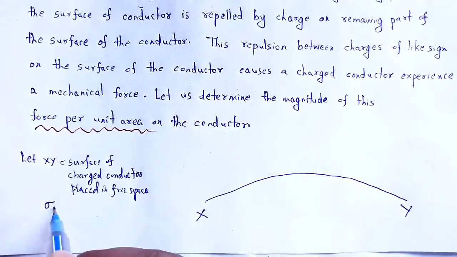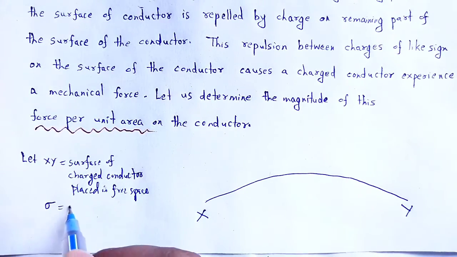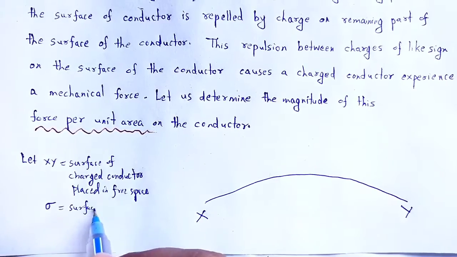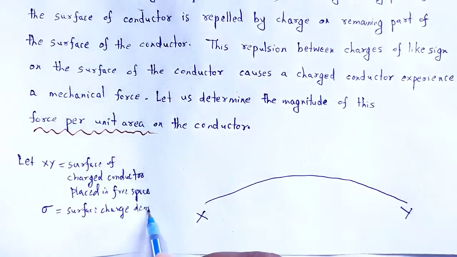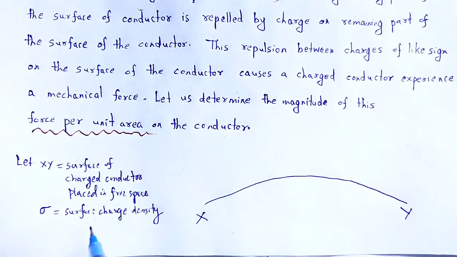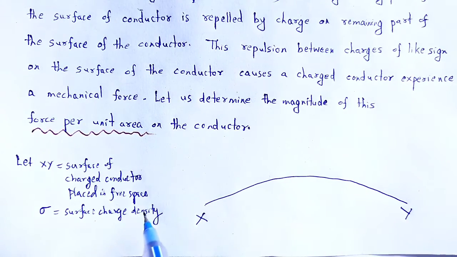Here the permittivity of free space is epsilon naught. Sigma is the surface charge density, meaning charge per surface area of the conductor.